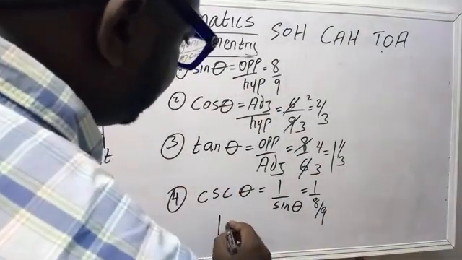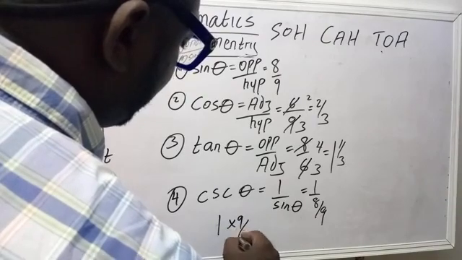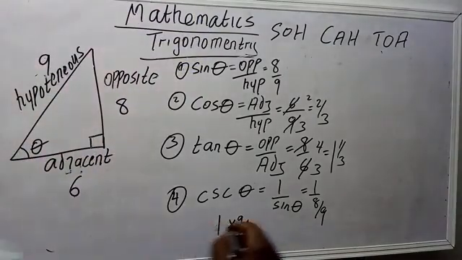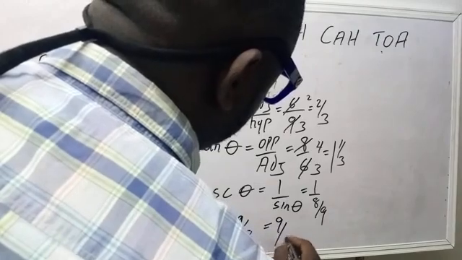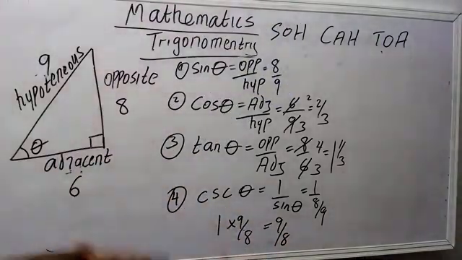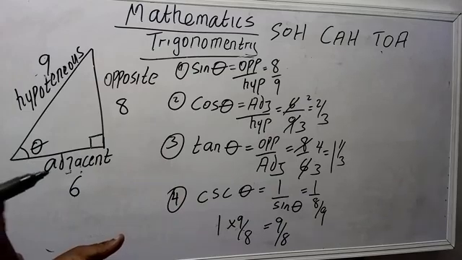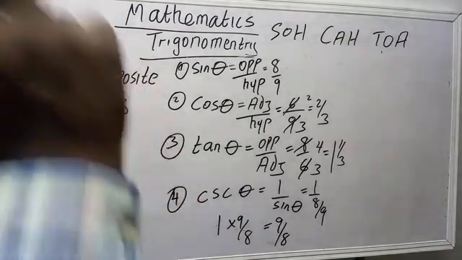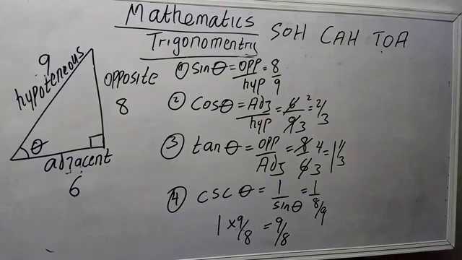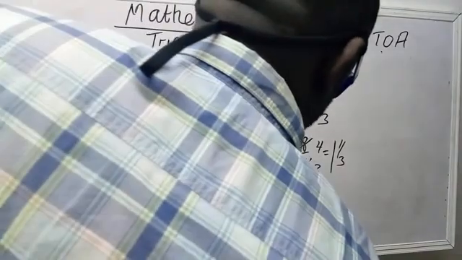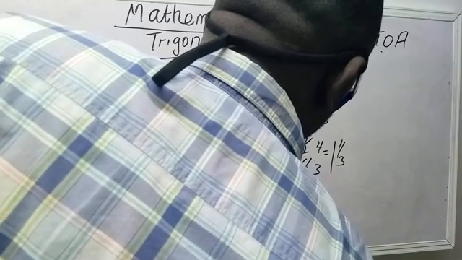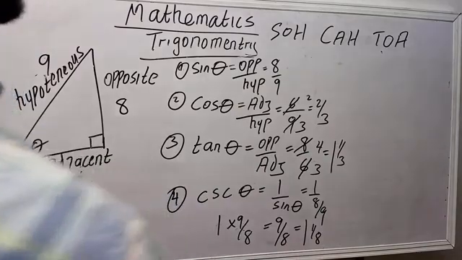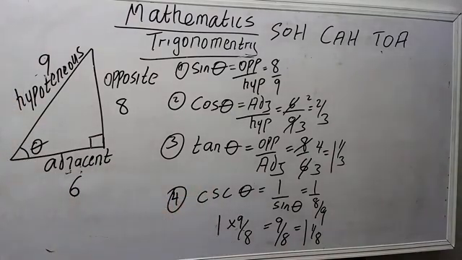You can see another side, 1 times 9 over 8. The answer is 9 over 8. Because when you are changing from division to multiplication, the numerator will go down while the denominator will come up. You can leave your answer like this or as a mixed number, or better still, when you are less busy, you can use your calculator.